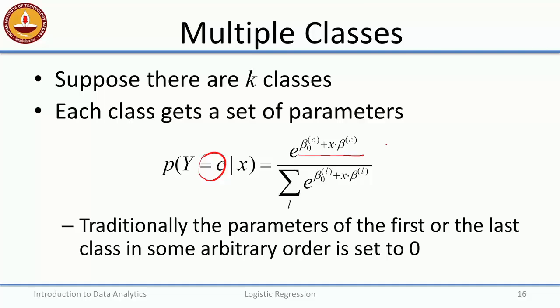To make the problem somewhat easier, traditionally the parameters of one of the classes, it could be either the first class, numbering from 0 to k, or the last class, which is k, is set to 0. You can think about it, it really does not affect the decision boundary that you are going to learn. It will change the parameters that you are learning, but the decision boundary that you learn will not be affected.